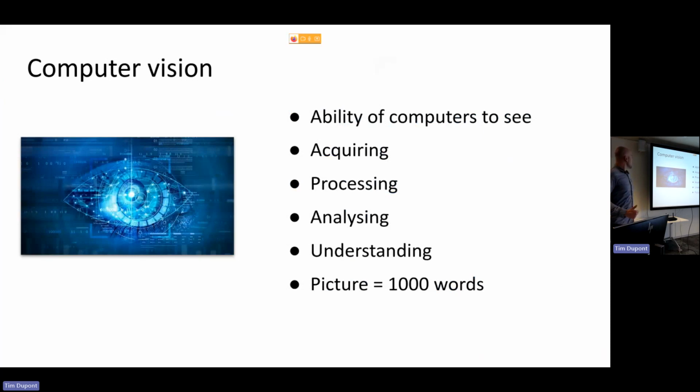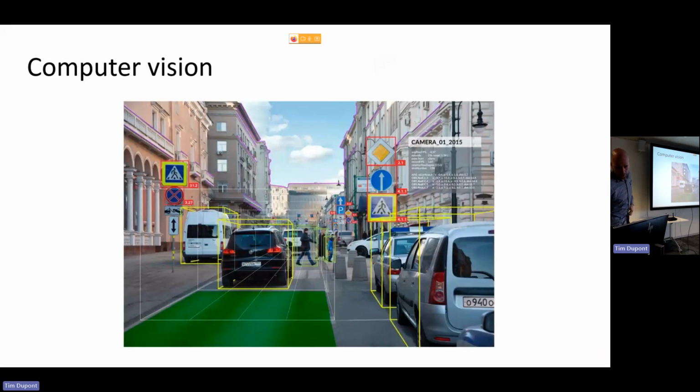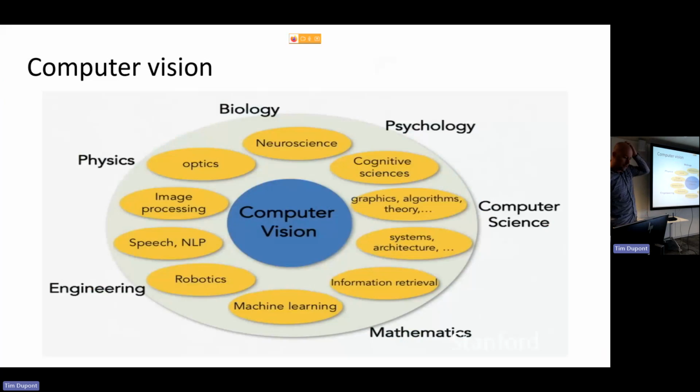So it's the ability of computers to see, acquiring images and visual information, processing it, analyzing it, and understanding it. When you have your robot, if it moves around in the world, you want it to be able to map its environment and really interpret everything that's happening around it, everything that is in its vicinity.